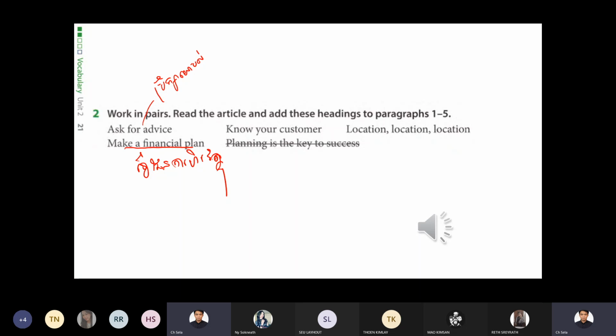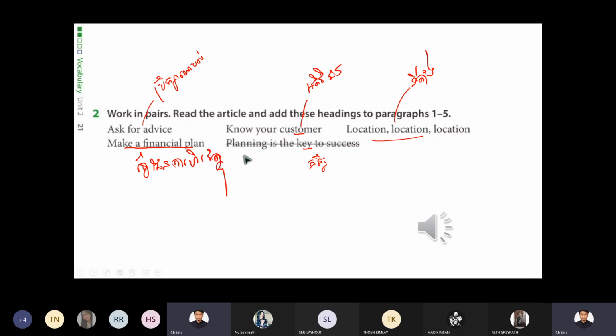Know your customer. And location. This is important. So we have ask for advice, make a financial plan, know your customer. Planning is the key to success.